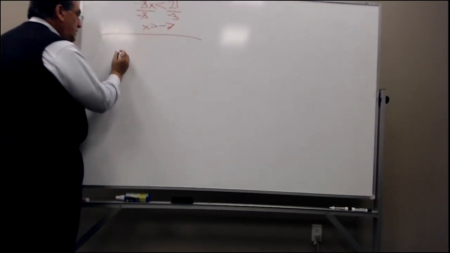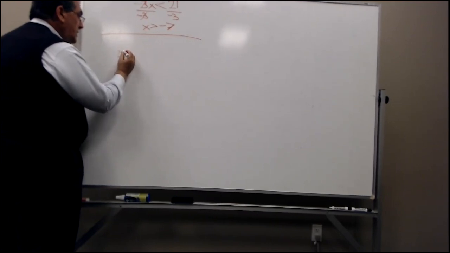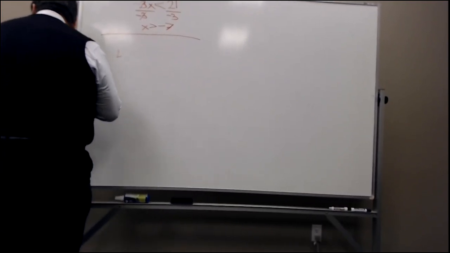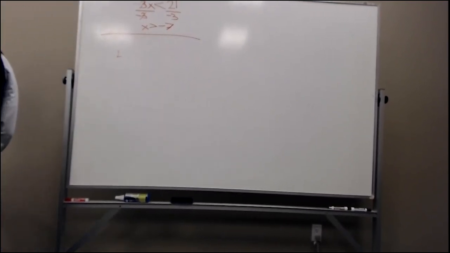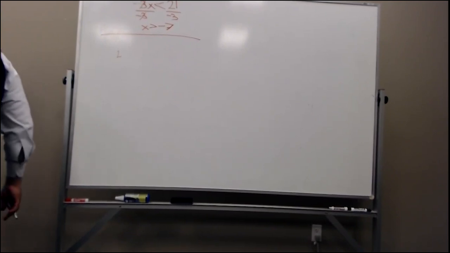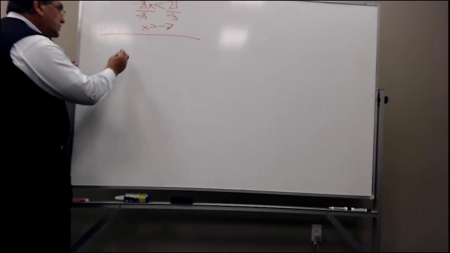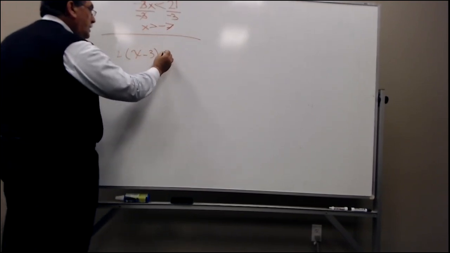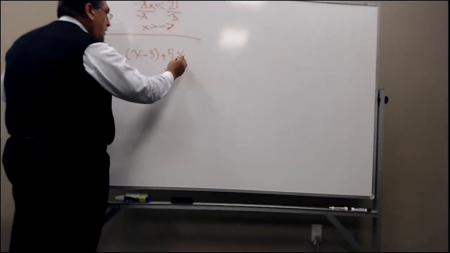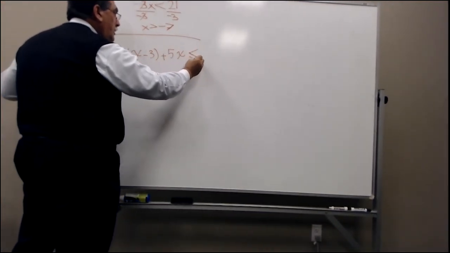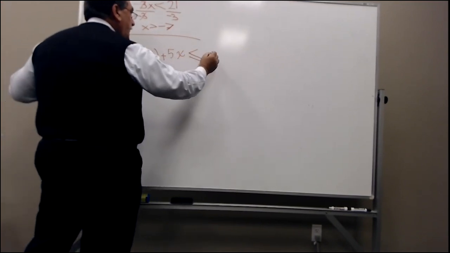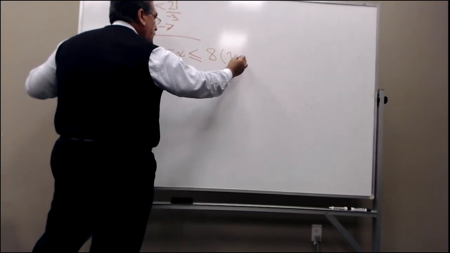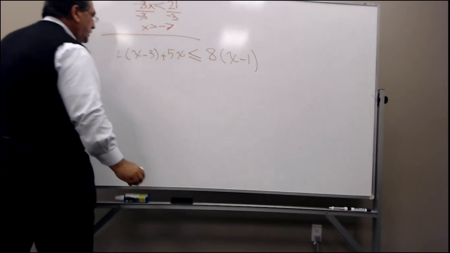Yes, the problem is 2 times parentheses x minus 3 plus 5x. It's less than or equal to 8 times parentheses x minus 1. That's it? That's it.